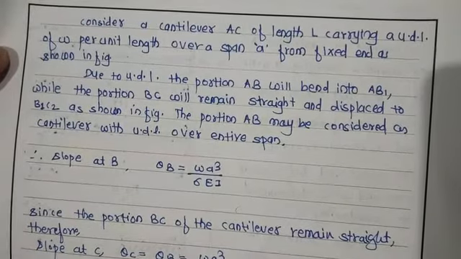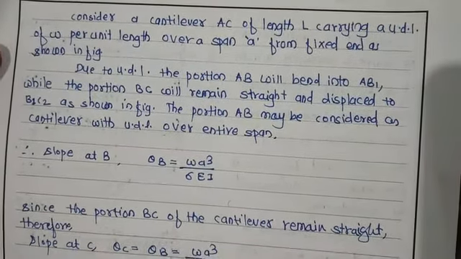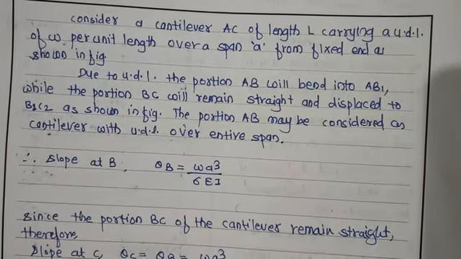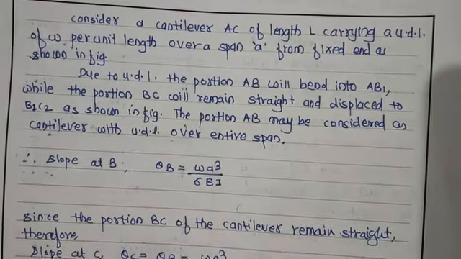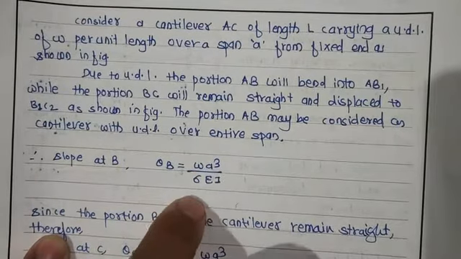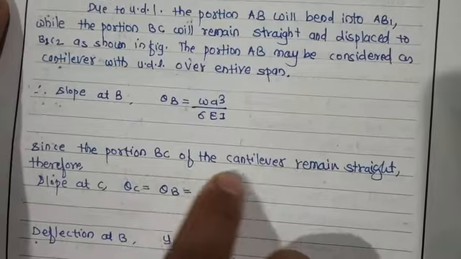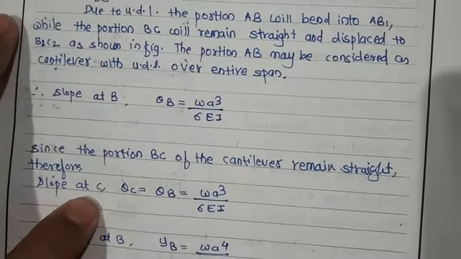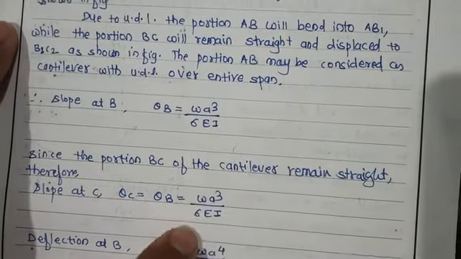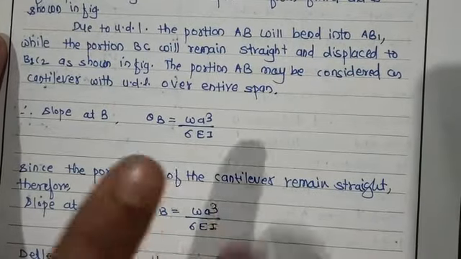The portion AB may be considered as a cantilever with UDL over the entire span. From the standard cases, the slope at B, theta B, is W A cube divided by 6 EI. Since portion BC remains straight, theta C is equal to theta B, which is W A cube divided by 6 EI. That means slope at C is equal to slope at B.